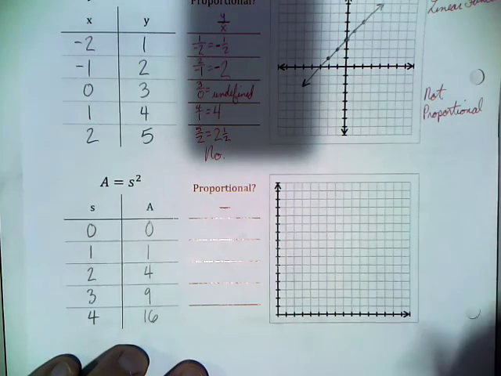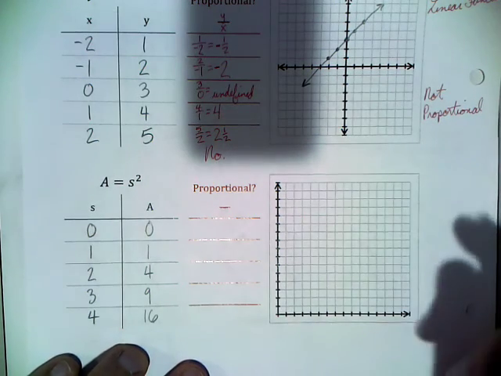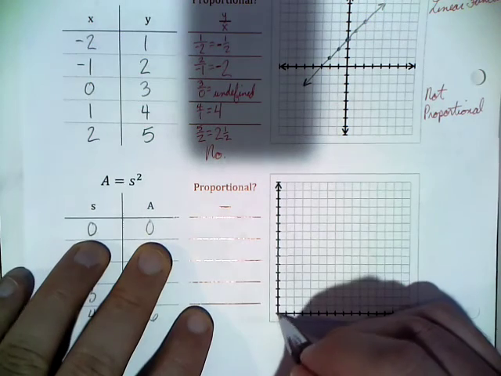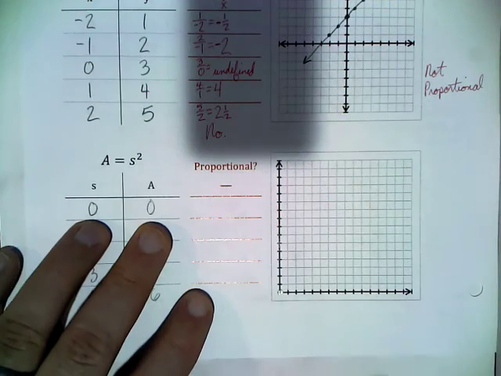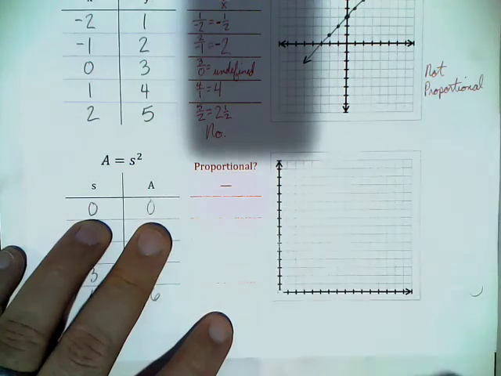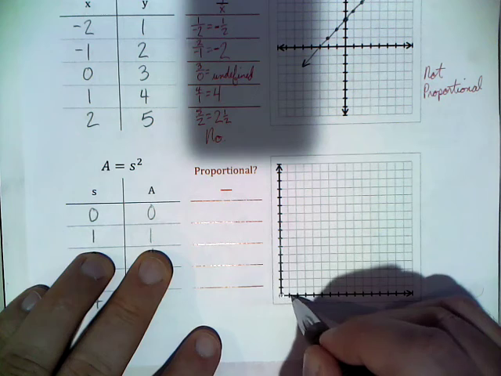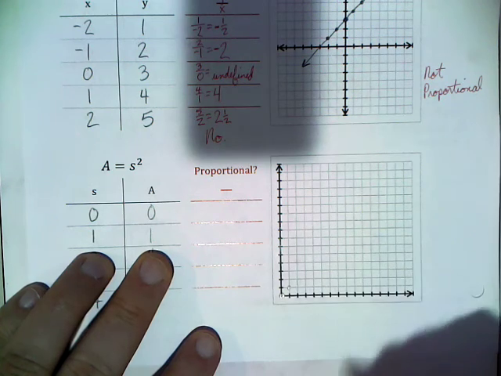You can see I've already got my coordinate plane set up. It's just the first quadrant. So my first point is 0, 0. That's going to be right here, where the two axes meet. 1, 1, so 1 to the right and 1 up will be right there.